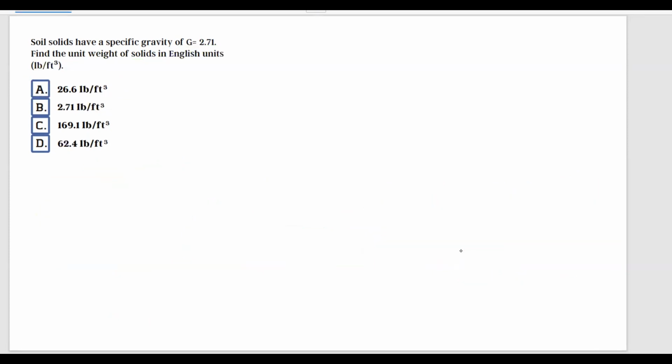And this problem is pretty much the same problem as previously, but we have to find the unit weight of solids in English units now. So it's the same problem. We have to work in English units, which is great because at the exam, you're going to have both units. So it's great to get used to this. The same concept as we did before.